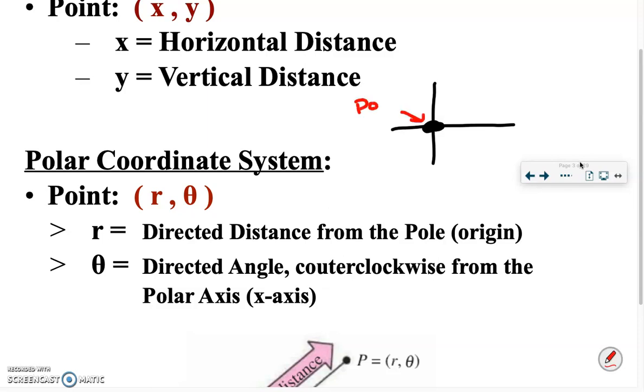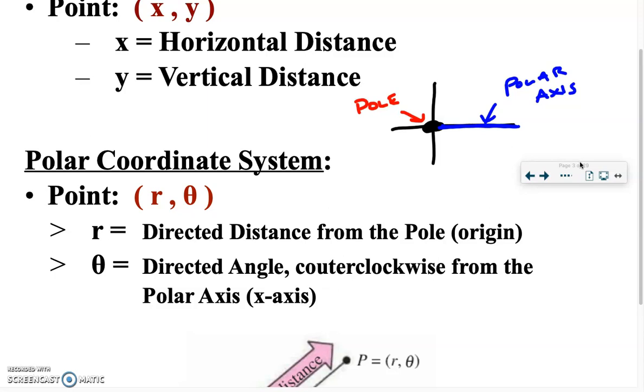In the polar coordinate system, that's called the pole. This piece right here, in the rectangular system, that's what we've called the positive x-axis. In the polar system, that's what we call the polar axis. So what we're referring to as R is the distance away from the pole, aka the origin. It's that directed distance.